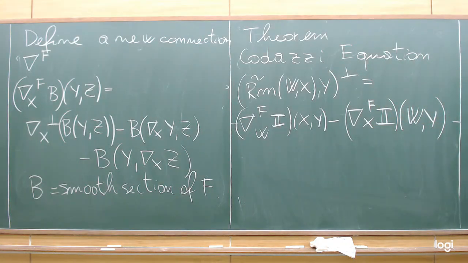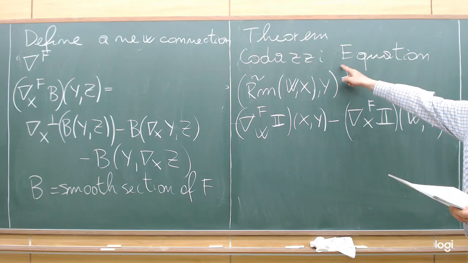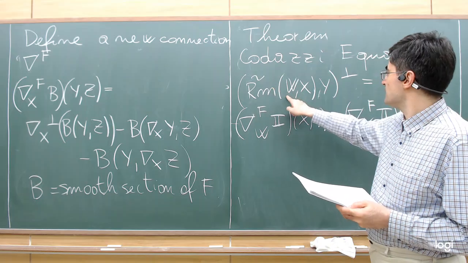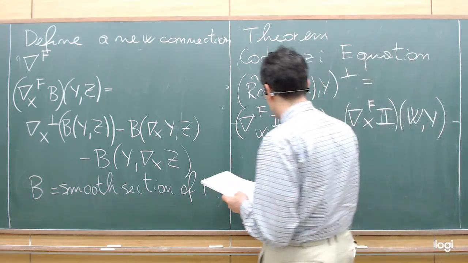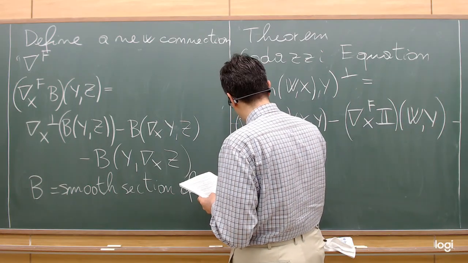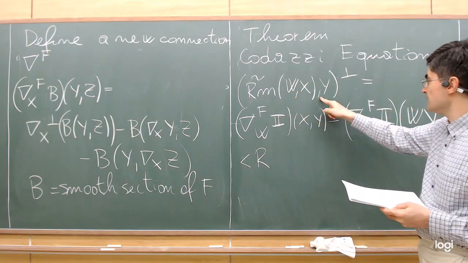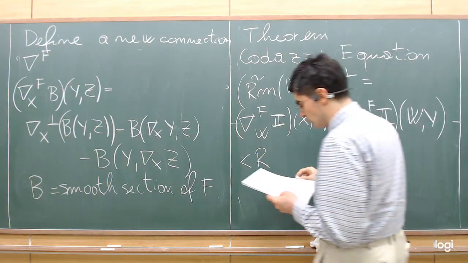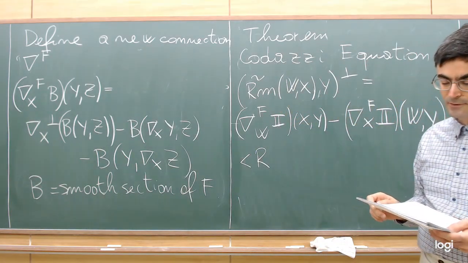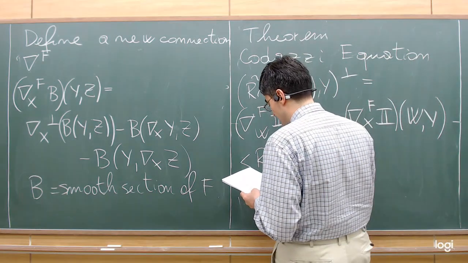I will not prove this formula, I just tell you the idea of the proof. Since here you have the orthogonal part of R tilde W x y, the idea is that you take the inner product of left hand side and right hand side with n, where n is an arbitrary smooth normal vector field along the submanifold M.